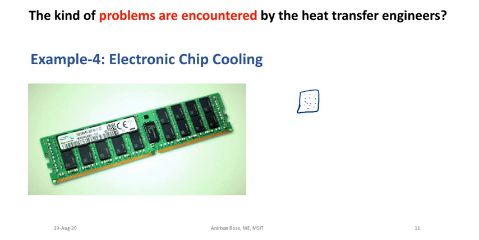Now these integrated chips, remember, because of these transistors produces heat, and it is again another thing that if the temperature of the chip is above a particular level, then that chip will damage. Or if the temperature is above a particular level, maybe say 50 degrees centigrade or 60 degrees centigrade, then its life will not be very long.